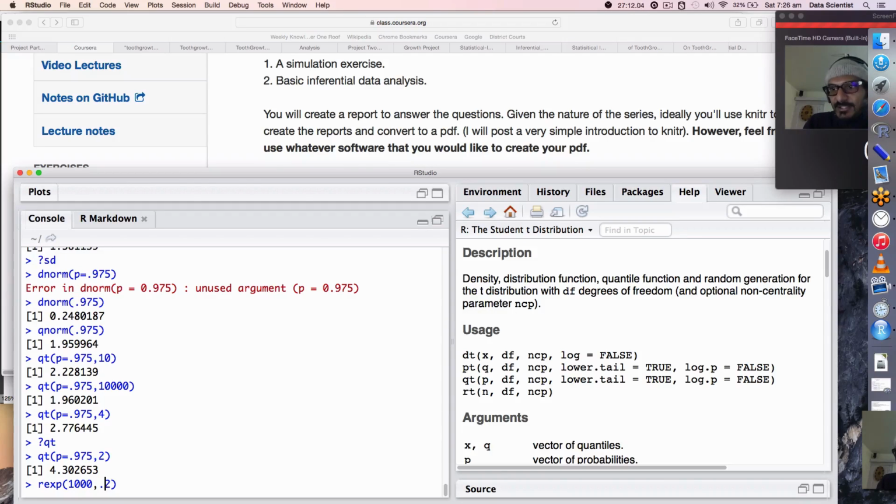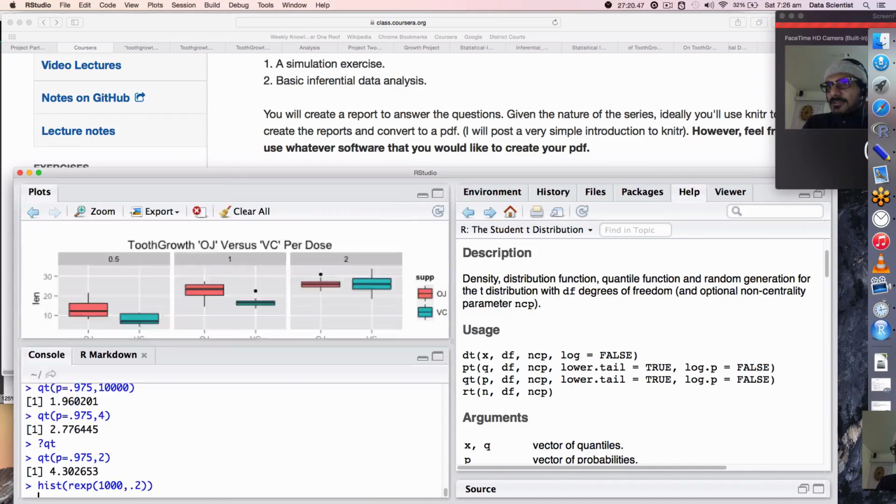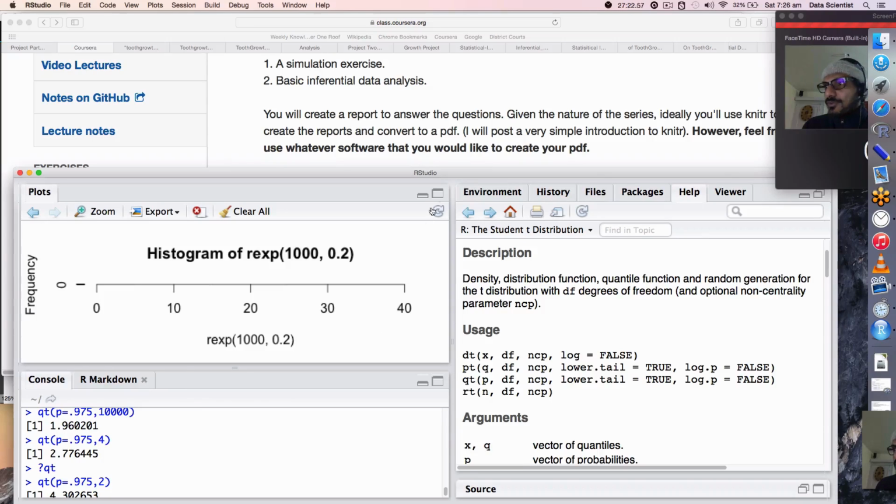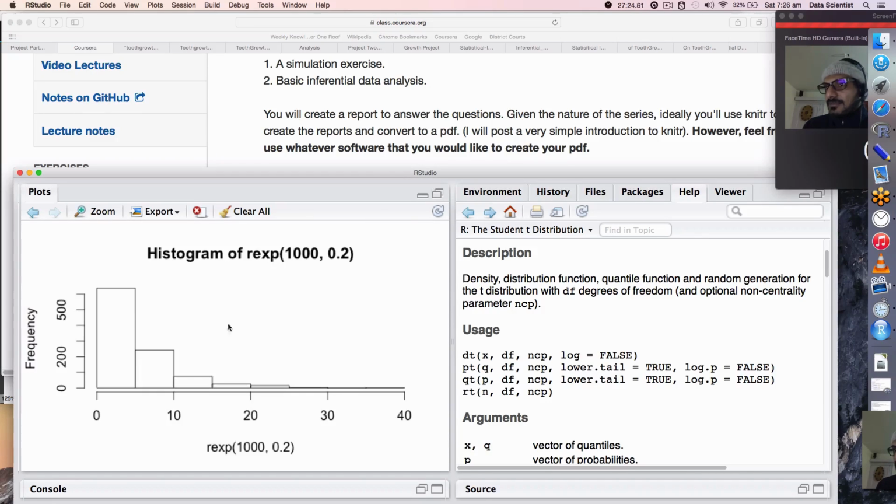All right, so let me use lambda as 0.2, and then plot a histogram of this. So what I get is this. So basically it's exponentially decaying data effectively, right? That's what the data looks like.